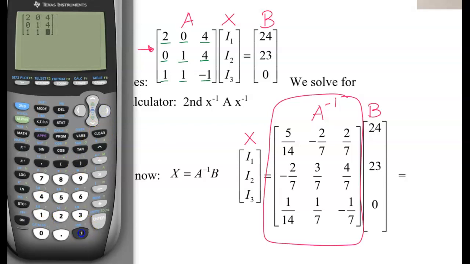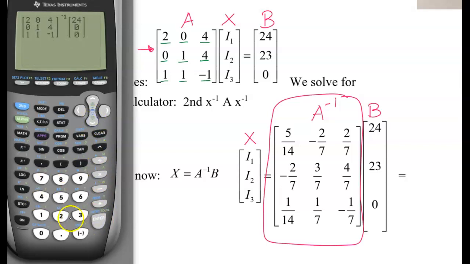If we were in person, most of this we wouldn't make you do by hand. But then remember, we have to inverse this, so we just press that inverse button, that -1 exponent. Then we multiply it by the constant matrix, which is a 3x1 matrix.